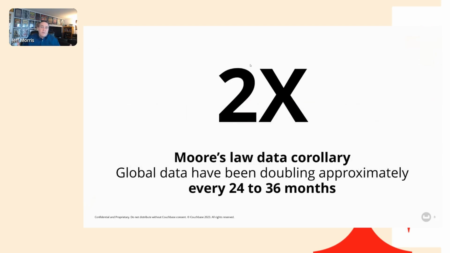There's a couple of other observations that we make. The Moore's law of data, that is, global data has been doubling at a rate of every 24 to 36 months, just like Moore's law for hardware, a very similar explosion and rapidity of growth.